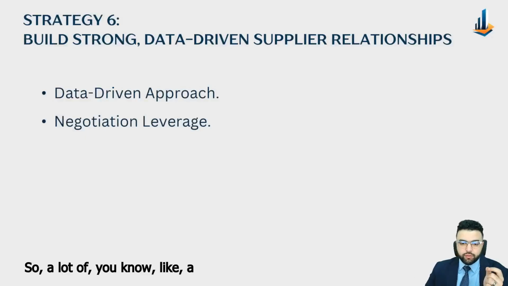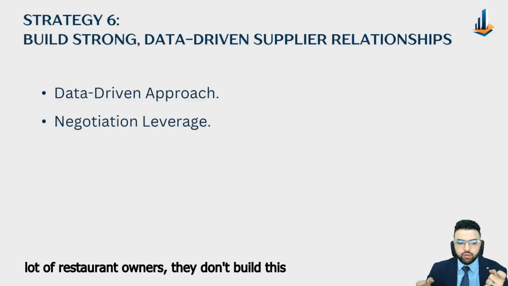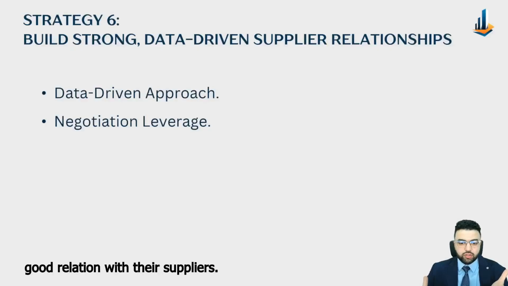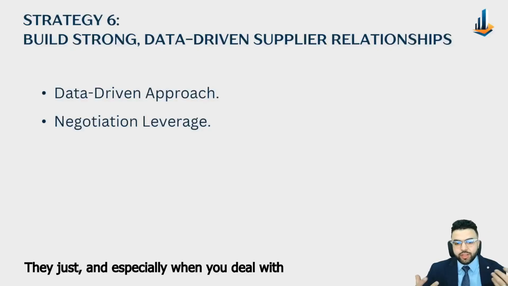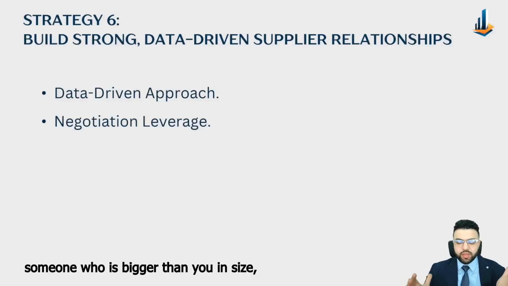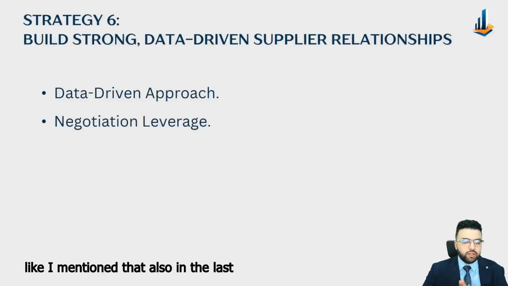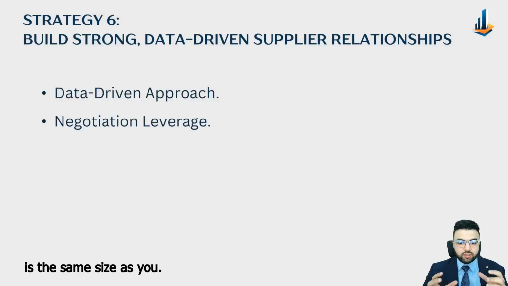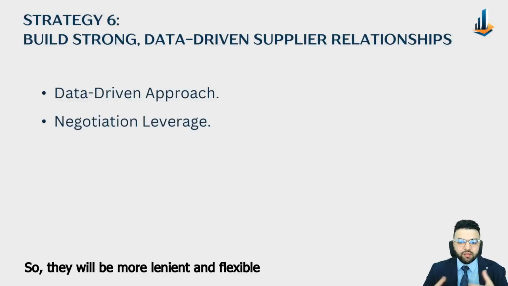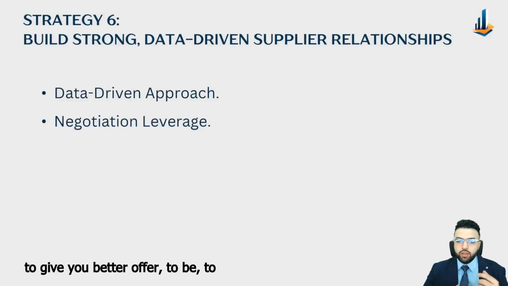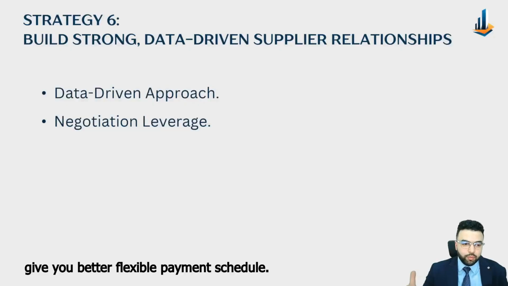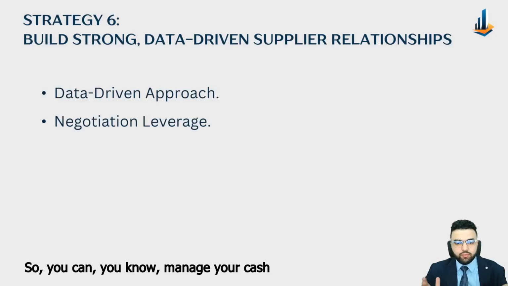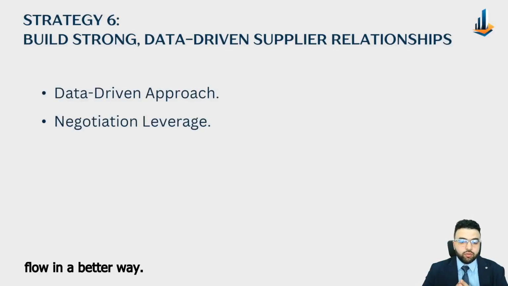A lot of restaurant owners don't build this good relationship with their suppliers, especially when you deal with someone who is bigger than you in size. Like I mentioned in the last session, you need to find a supplier who is the same size as you, so they will be more lenient and flexible in giving you better offers and a flexible payment schedule, so you can manage your cash flow in a better way.